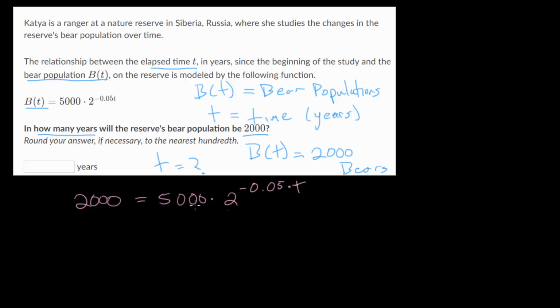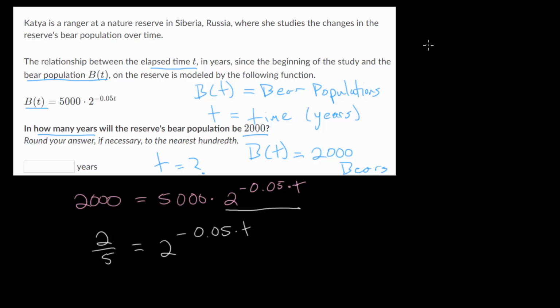So the strategy for these, remember, is to solve for the exponential term. And then from there, we can rewrite it as a logarithm. So we'll divide each side by 5,000. So 2,000 divided by 5,000, we can simplify that to 2/5. And now that we've solved for the exponential term, we can rewrite it as a logarithm.